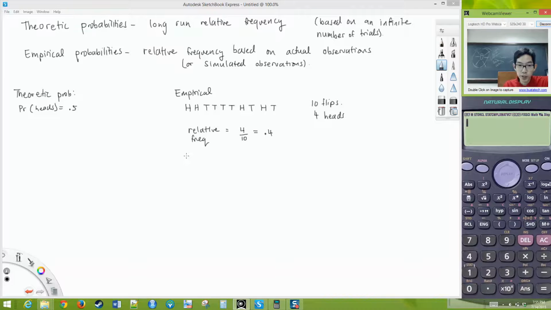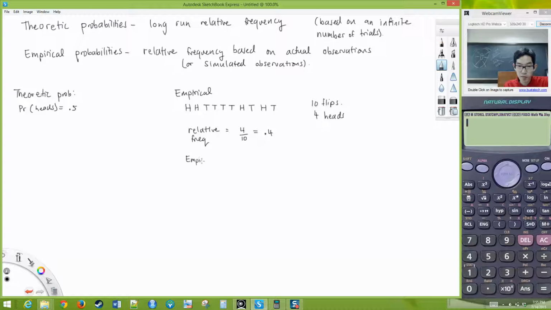So my empirical probability of heads is 0.4. So this is based on actual coin flips. Pretend that these are actual coin flip results, and I've gotten 40% heads, and so there you have it.